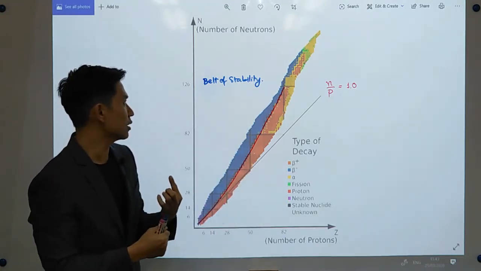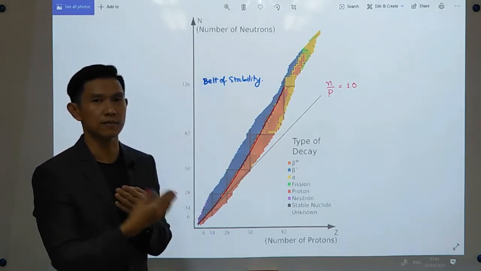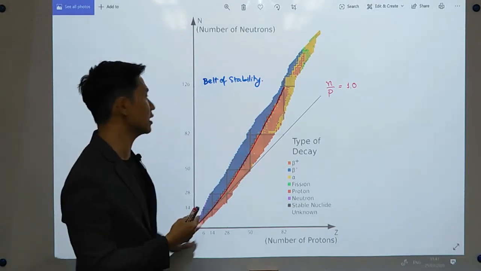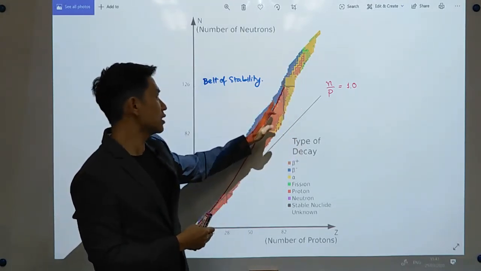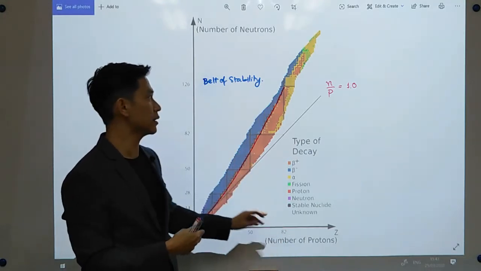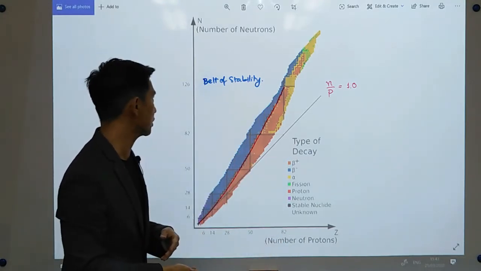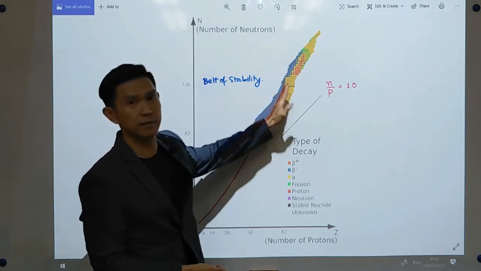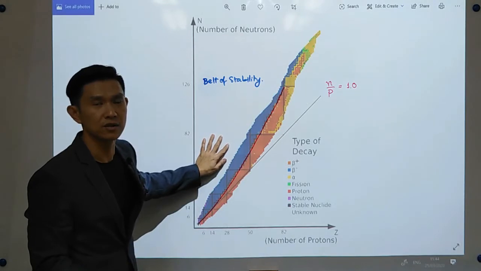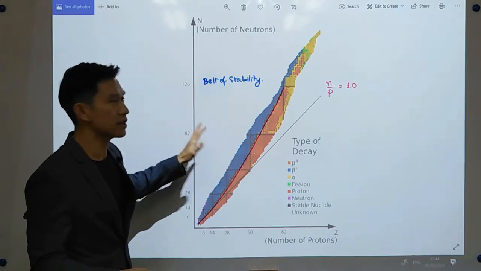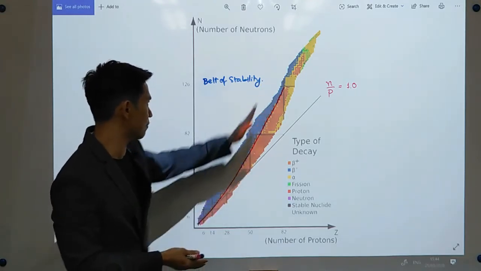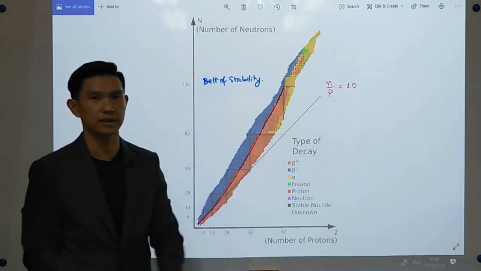So the electrostatic repulsion among protons is increasing kind of exponentially, right? So you need more neutrons when you have a higher number of protons. I mean the ratio is increasing as well. Okay, so this is the belt of stability. So if your element is not in the belt of stability, you have to try to push it back to the belt of stability.